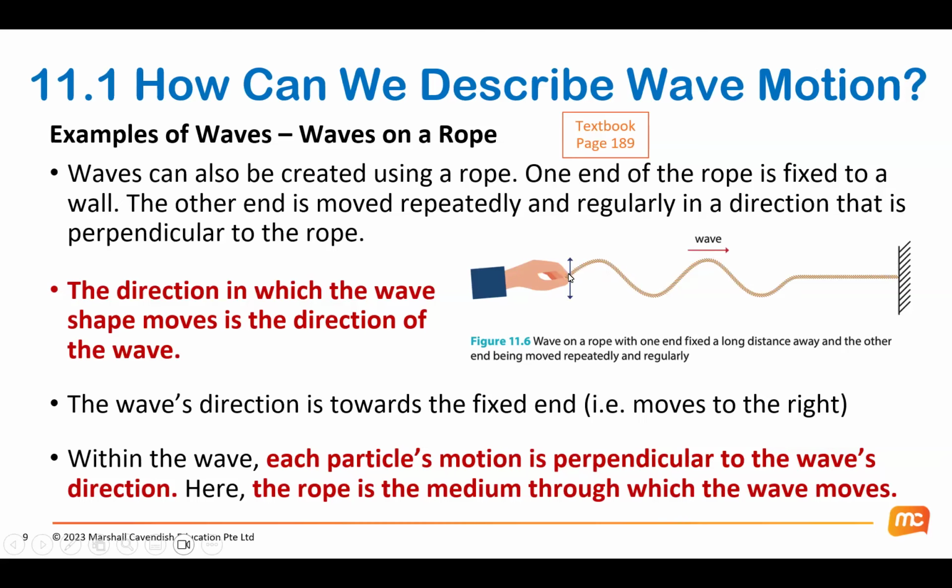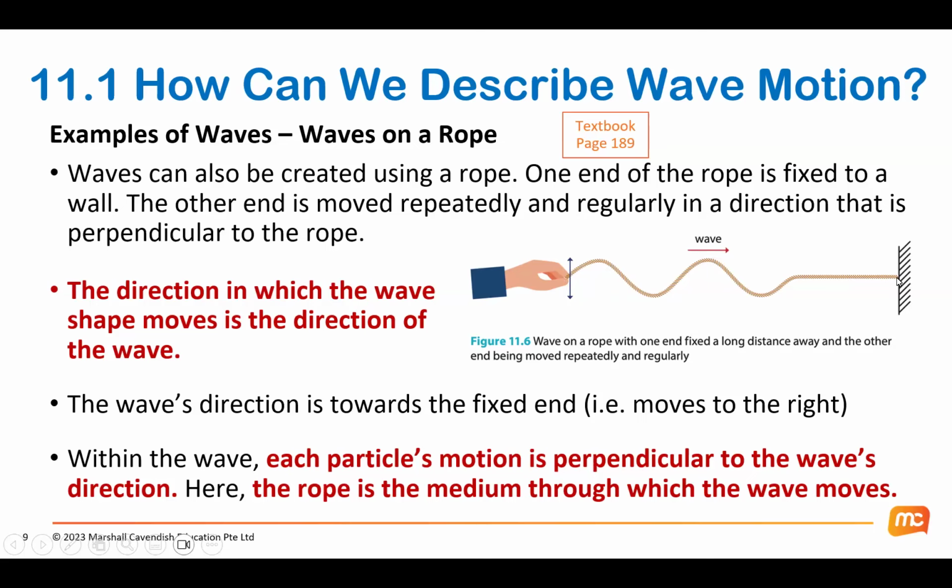Just take note that in this case, when I move the rope up and down, the vibration of my rope particles is perpendicular to the wave motion. You can see that the direction of vibration is up and down, and the wave motion is to the right. The rope is the medium through which the kinetic energy from the hand gets transferred.